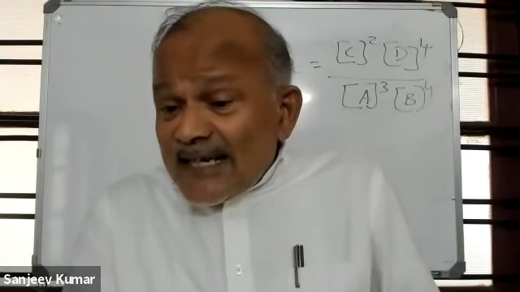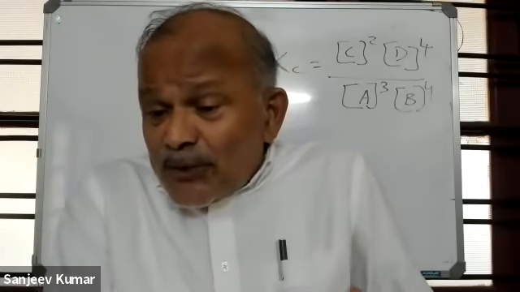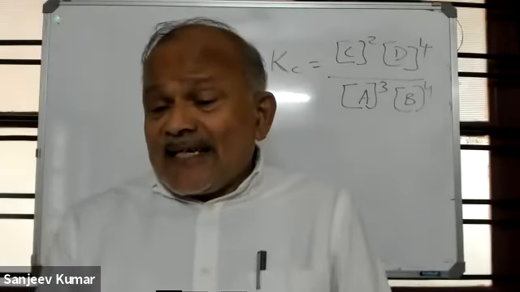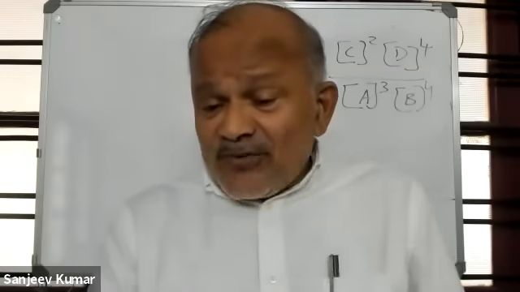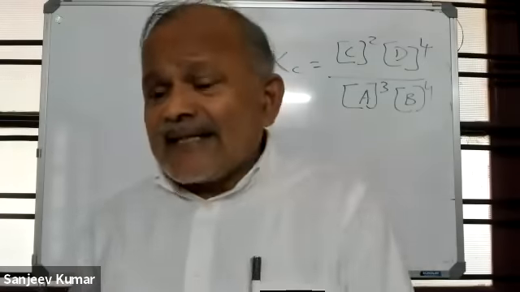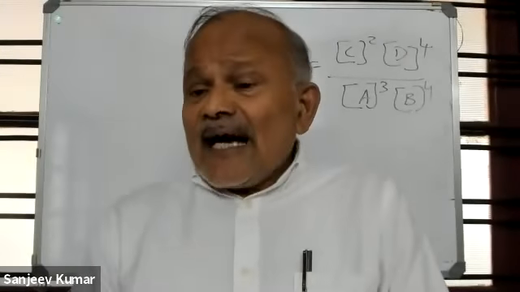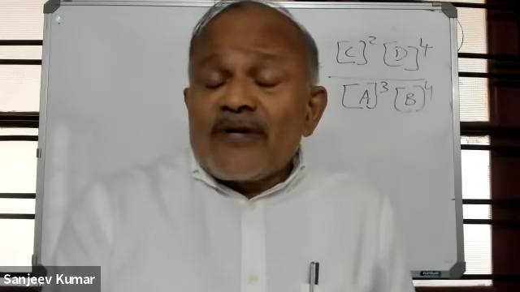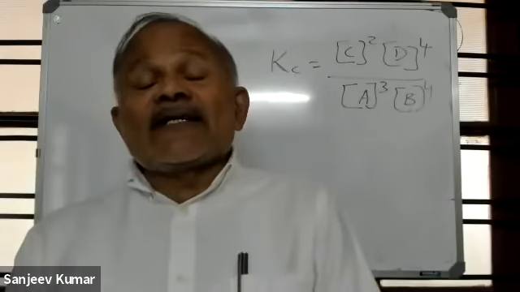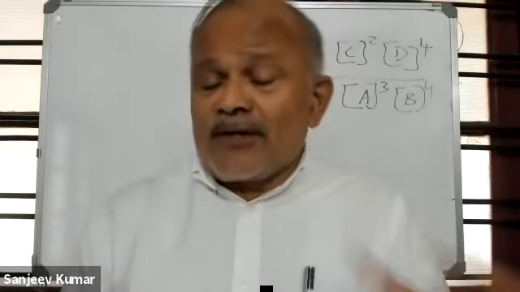Because during the course of reaction, the concentration of the reactants is decreasing, and thereby the rate of forward reaction decreases, and the concentration of the product is increasing, and thereby the rate of backward reaction will increase. After some time, the rate of forward reaction becomes equal to the rate of backward reaction. It will attain equilibrium. That is if you take the reactants alone.